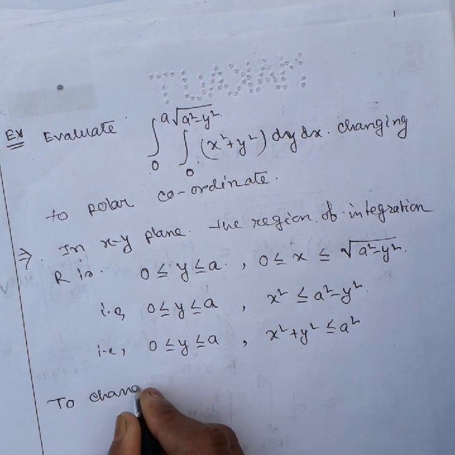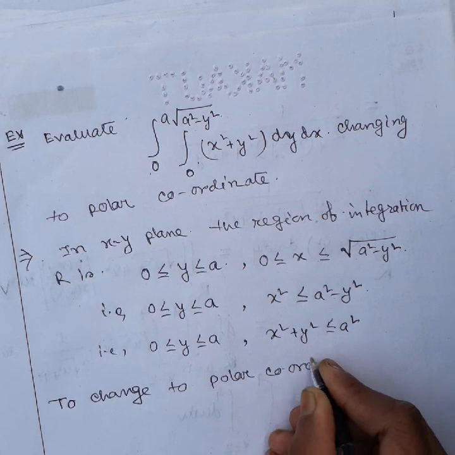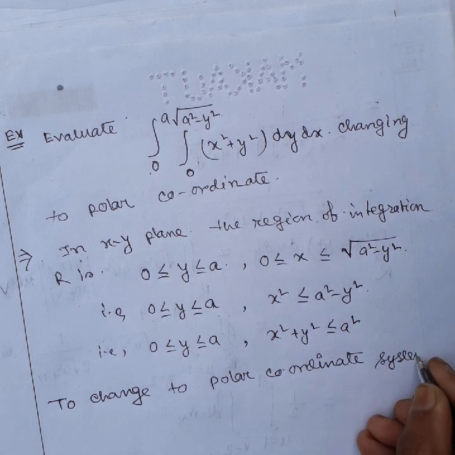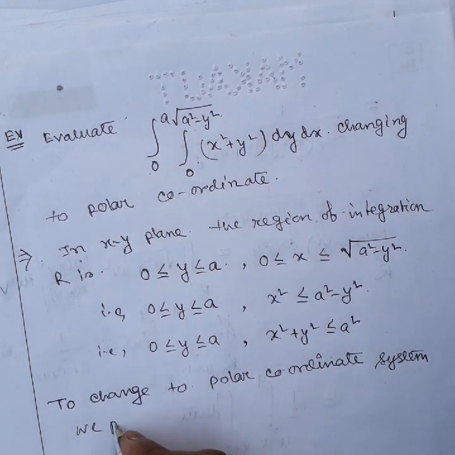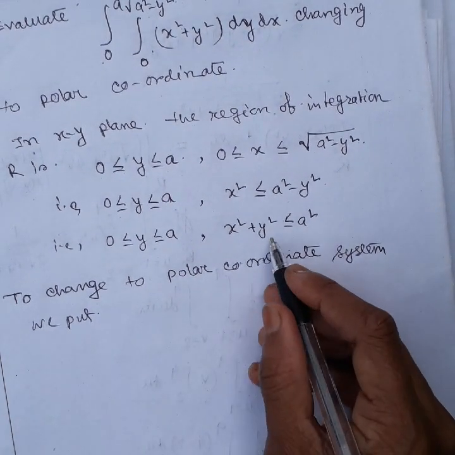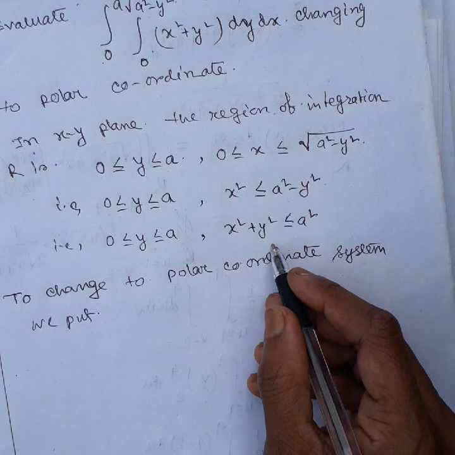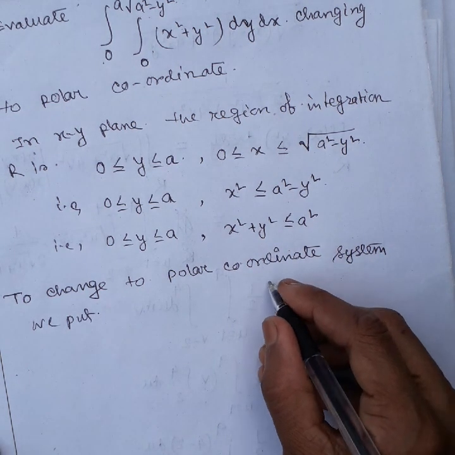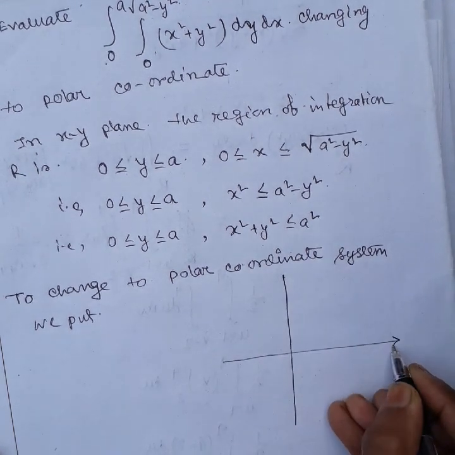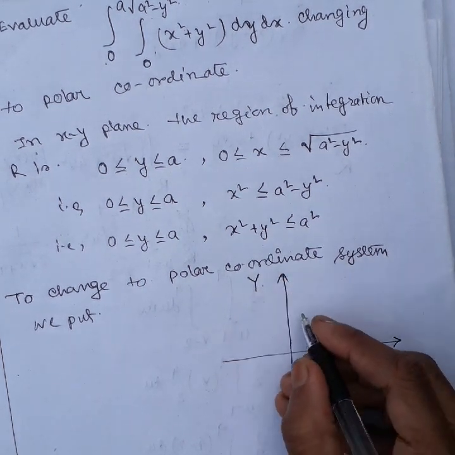To change to the polar coordinate system, we convert here the circle of the xy plane into the polar coordinate system. So what we put here? Do you know what we put here? This is our circle.